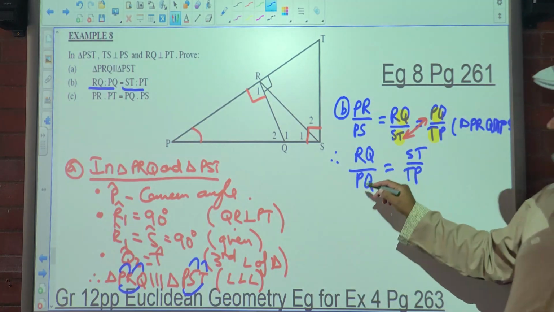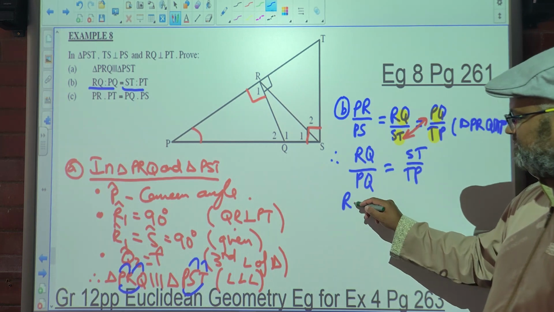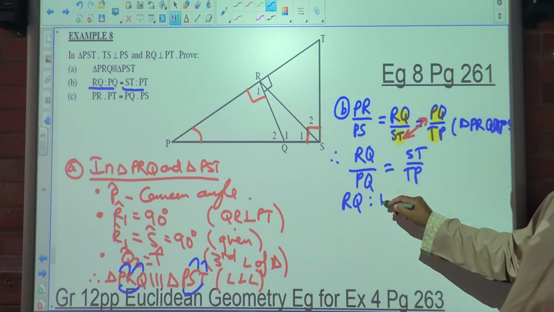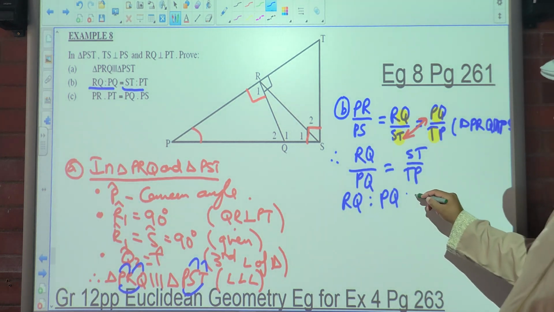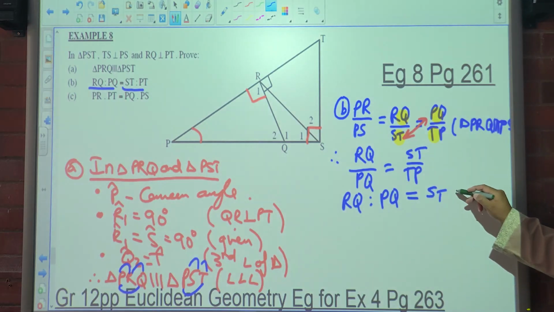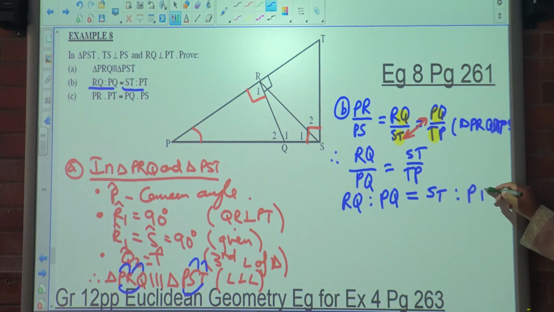And this in turn is RQ is to PQ as ST is to PT. Okay. Any confusion there?